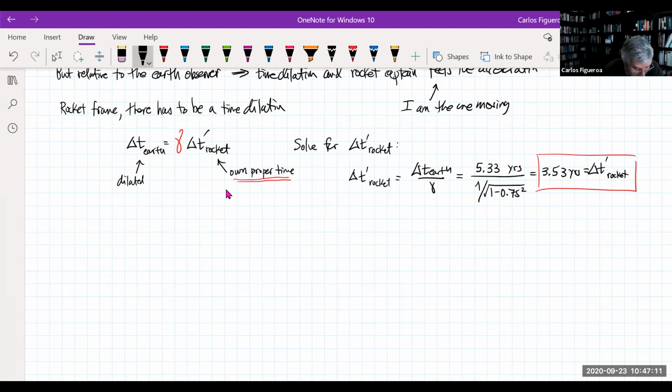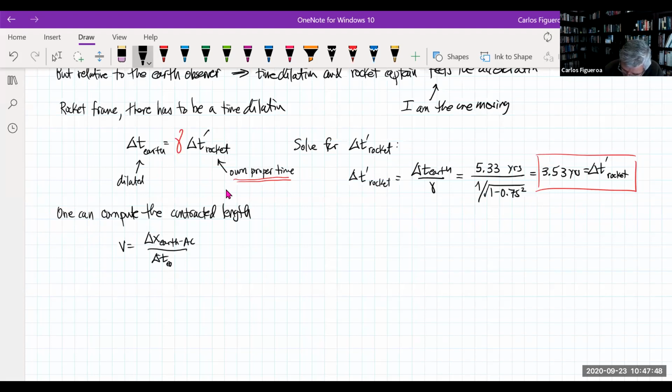And what you want to think about here is that one can compute the contracted time or contracted length. And the way you can calculate the contracted length, if you think about this, we know everything about this Earth system.